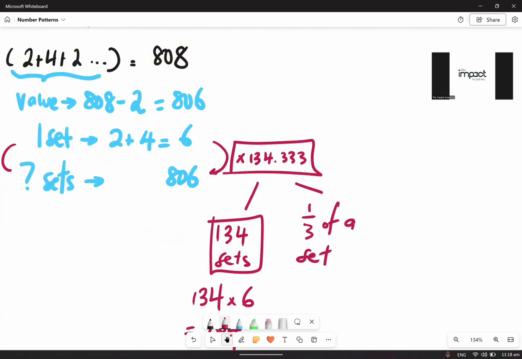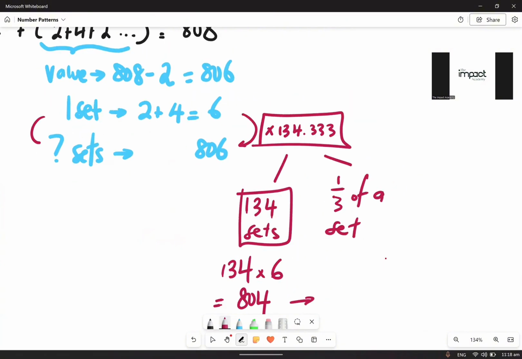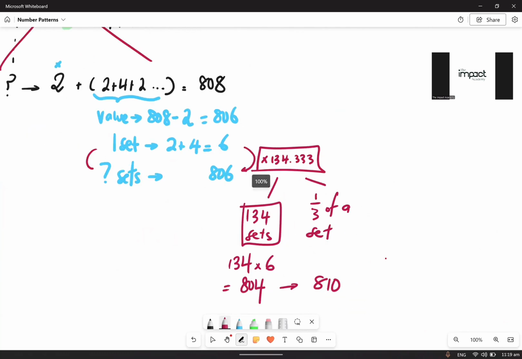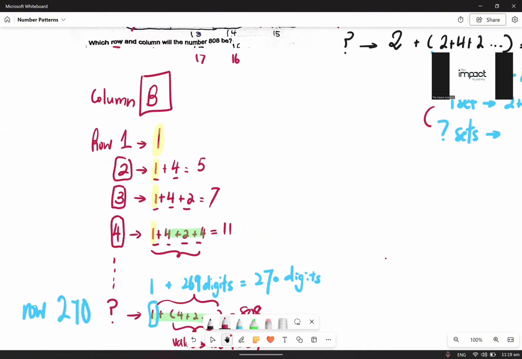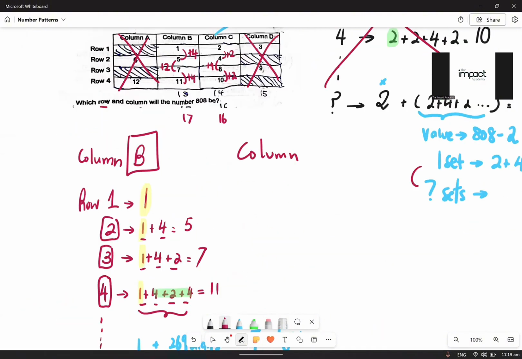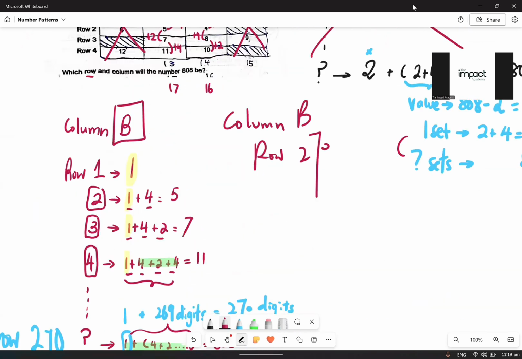Then the next number that they will have is, oh sorry, I apologize, it should be 804 plus 6, which is 810. That's the next number that you will see in this column. So you will not see 808. You missed out on 808. So therefore, your answer has to be column B and row 270. So that's your answer for this question.